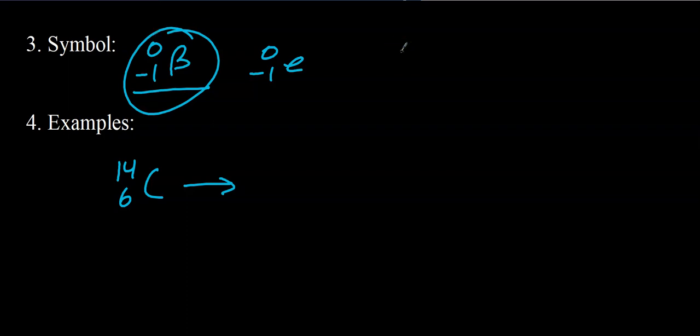So let's write the equation showing this transformation where a neutron turns into a beta particle. Let's start off with the symbol for a neutron: a mass of 1, a charge of 0, N. And what happens is a neutron breaks apart into a proton, mass of 1, charge of 1, and a beta particle, mass of 0, charge of -1.